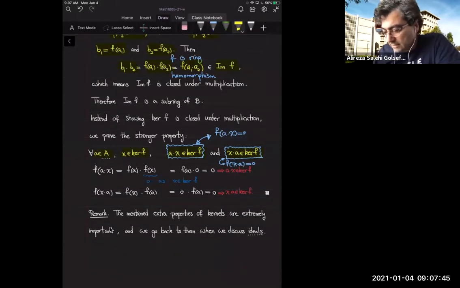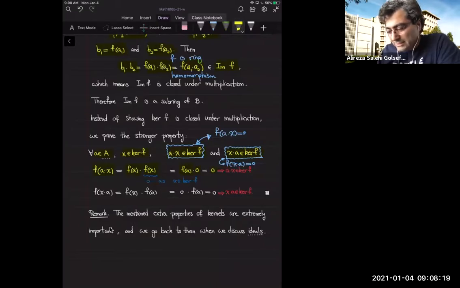I look at the value of F at A times X. I use the fact that F is a ring homomorphism and write it as F of the first multiplicative term times F of X. Now X is in the kernel. Therefore, value of F at X is actually 0. So I'm dealing with F of A times 0, and we've seen that in any ring, anything times 0 ends up being 0.